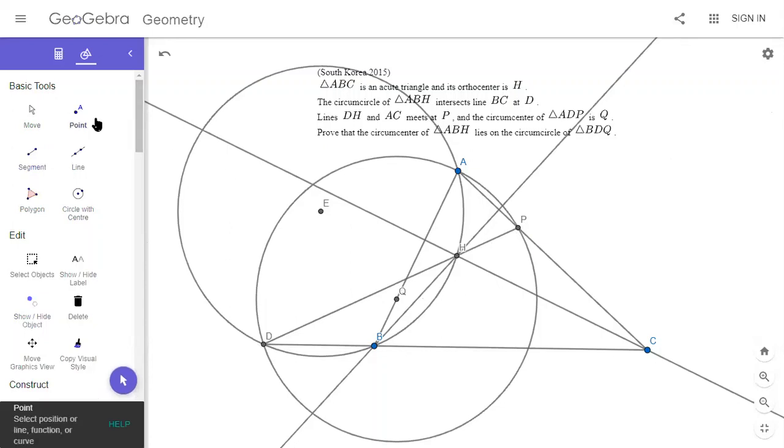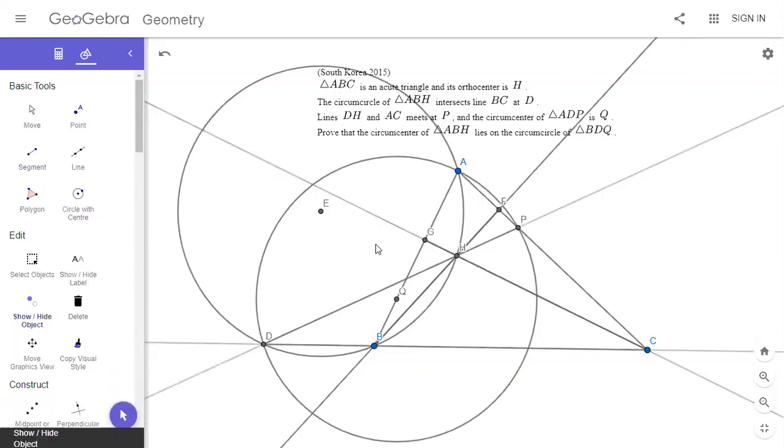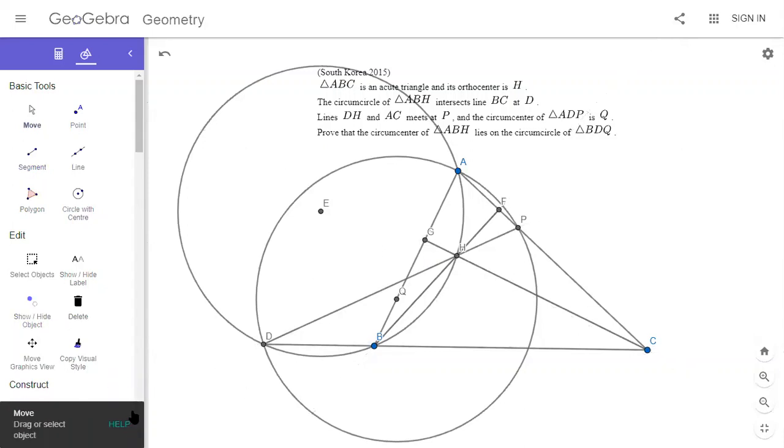And we draw in the feet of the altitudes. So EDB is isosceles, right? If we want to show that this is cyclic, that would mean EQD is the same as EDB.